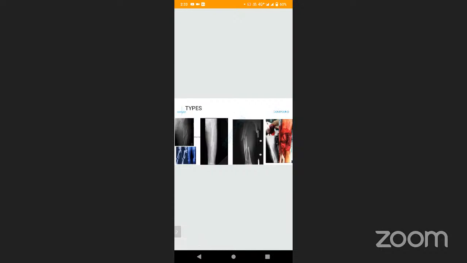So what are the types of femoral shaft fractures? As you know, fractures can be classified into simple and compound. Simple fracture means the fracture is not communicating with the exterior, because there is no break in the skin. The skin and surrounding structures are intact, only there is a fracture.